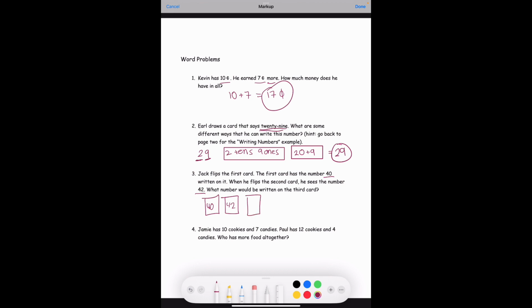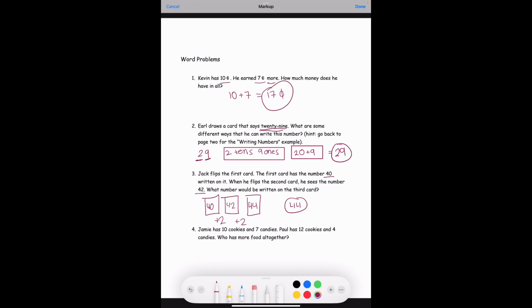What would the third card write? Okay, to get to 42 from 40, you add 2, right? Because 40 plus 2 equals 42. So you're going to do the same thing. You're going to add 2 to 42, which will equal 44. So on the third card, the number 44 would be written.